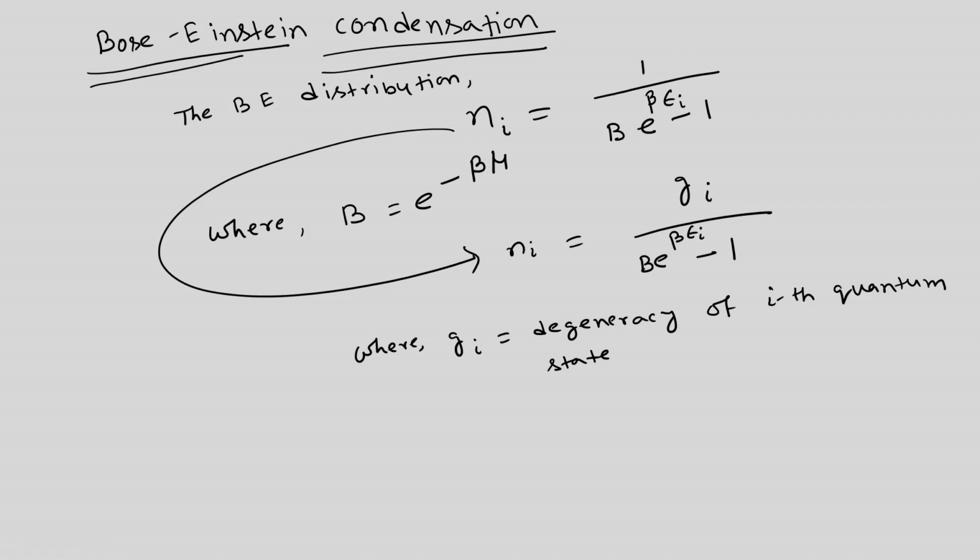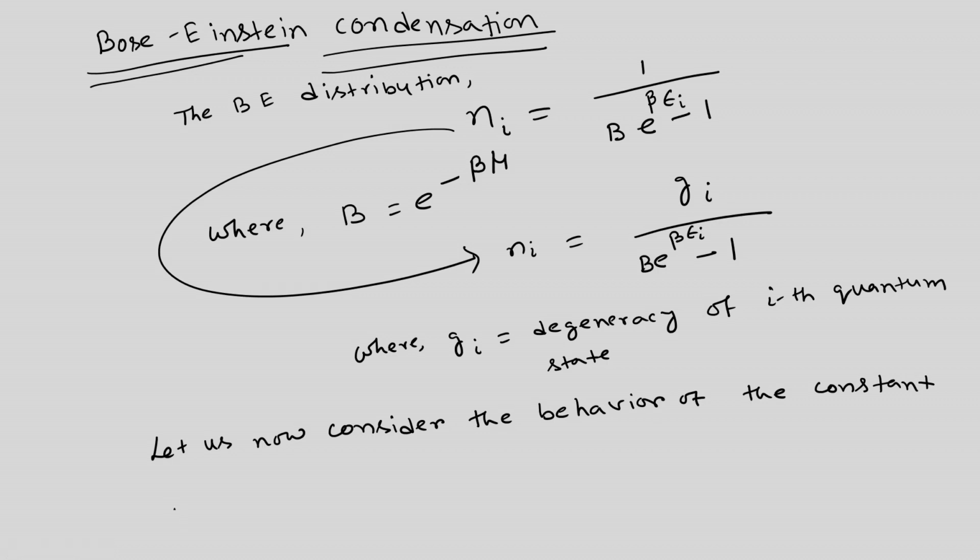Okay. Let us now consider the behavior of the constant B that appears in the BE distribution just mentioned above.